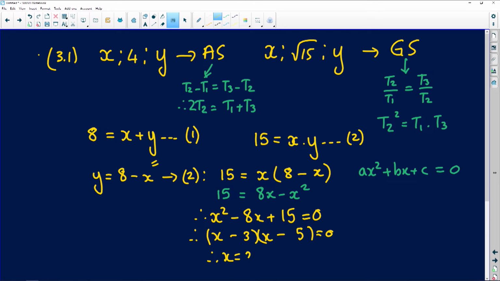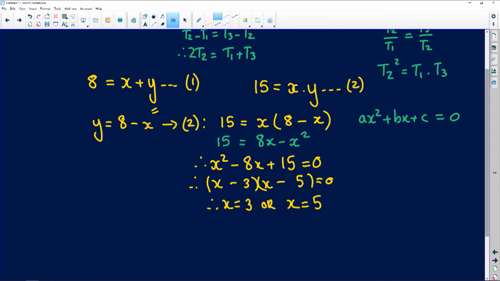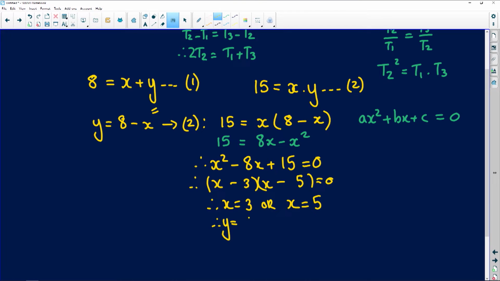So this means that x is equal to 3, or x is equal to 5. Beautiful equation there. Now remember, we're looking for a product that is 15. So if x is 3, y must be 5. If x is 5, y must be 3. It's as simple as that. So one pair is x equals 3 with y equals 5, and the second pair is x equals 5 with y equals 3.